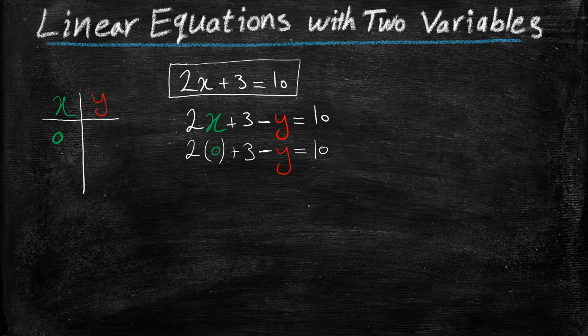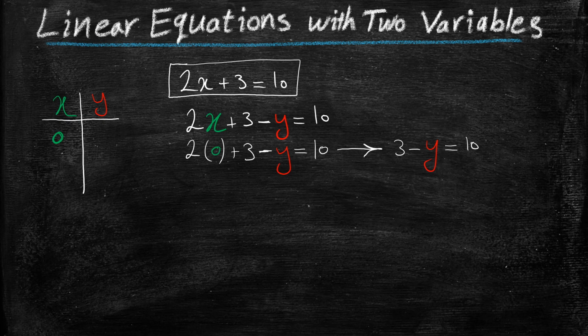Great. So now from a linear equation with two variables, it turned into a linear equation with just one unknown. Now we can go ahead and solve for y, because if I simplify this equation, 2 times 0, that's just 0. So it's just 3 minus y equals 10.